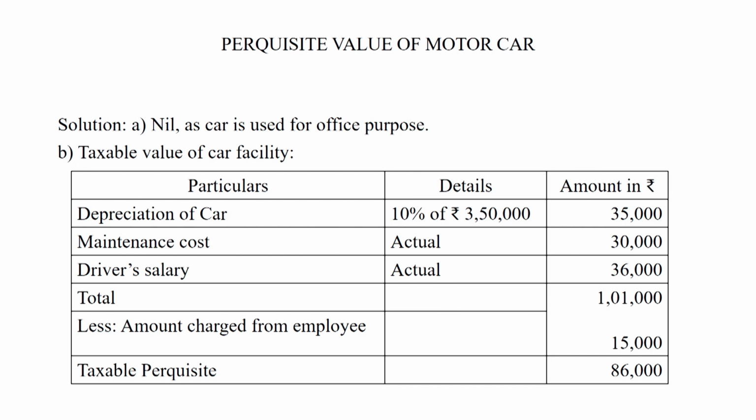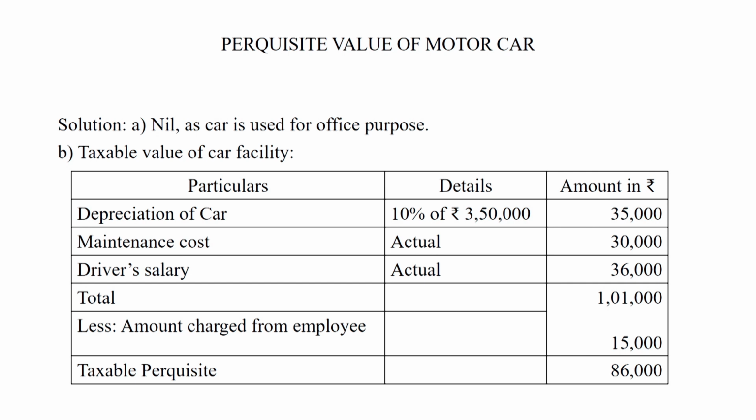So 35,000, 30,000 and 36,000 is equal to 1,01,000. 1,01,000 minus 15,000, which is charged by the employer. So the concessional value of the taxable perquisite regarding the car is 86,000. Are you getting?